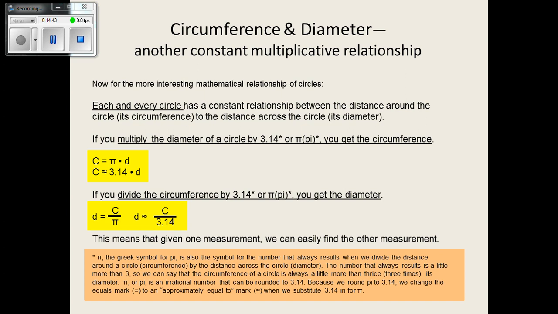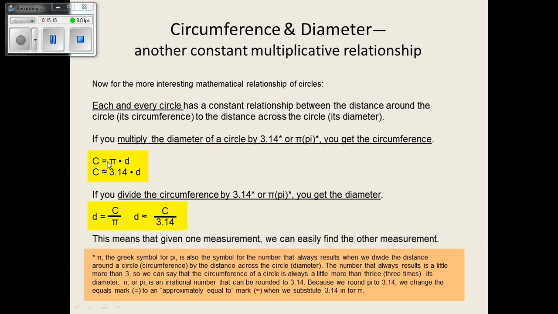Pi is actually an irrational number, which means it goes on forever. But we're not going to be able to use all those extra numbers, so we're going to round pi to 3.14. And because we round pi to 3.14, we're going to be changing our equals mark to an approximately equal to mark when we substitute this rounded version of pi, 3.14, in for pi. And that's what you see in this yellow box here.